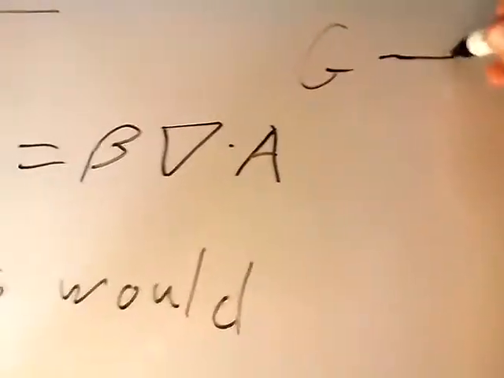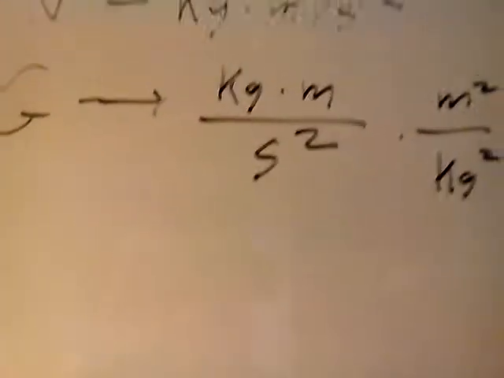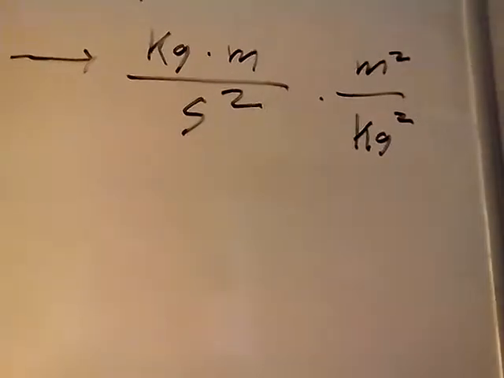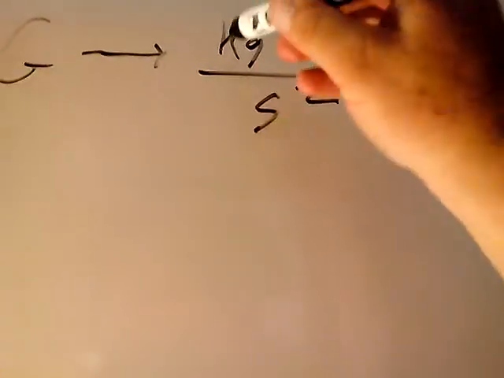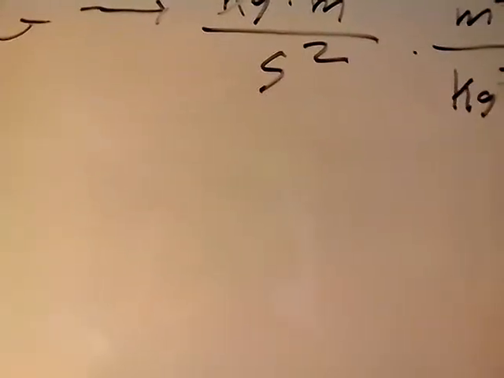What we want to do is say G has units of, substituting for newtons, kilograms times meters in the numerator, and seconds squared times meters squared over kilograms squared. And it turns out you could do some simplification. The kilograms drop out here, and then you get down to 1.